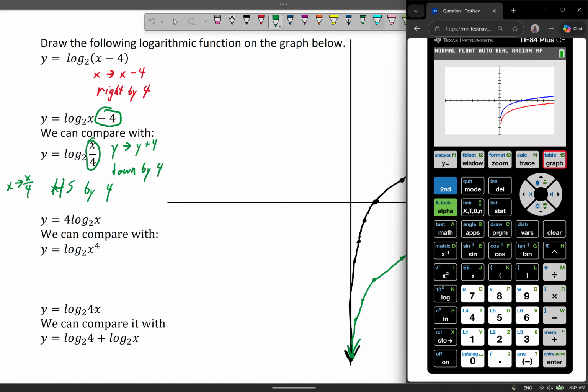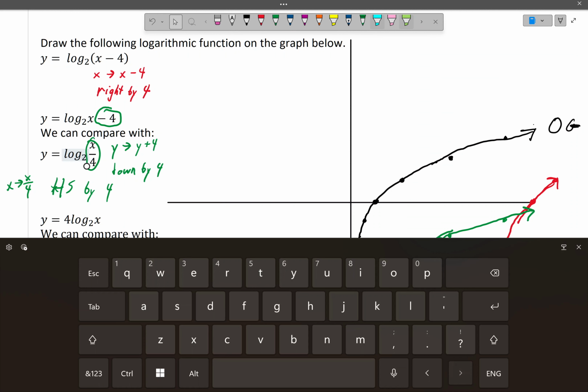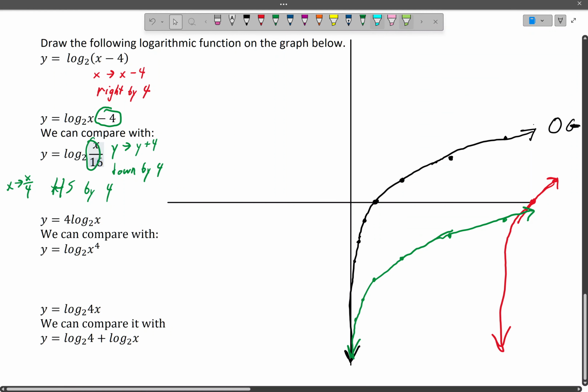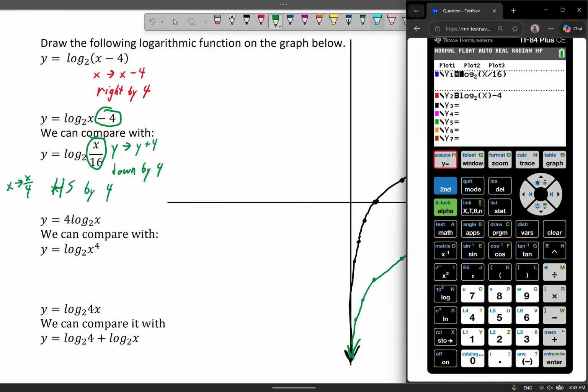Okay, so actually I think we want to go a little bit further there. I think if we make that an 8. No. There you go. Okay, so those two are the same. And actually I need to change something here. I need to make this a 16. Okay, so why is it that those two are the same?